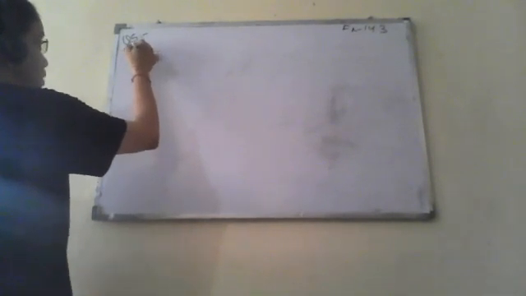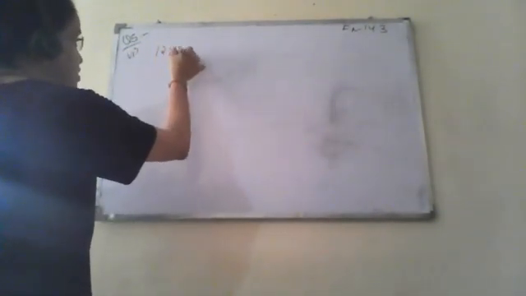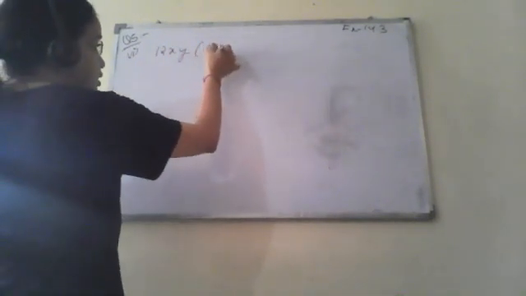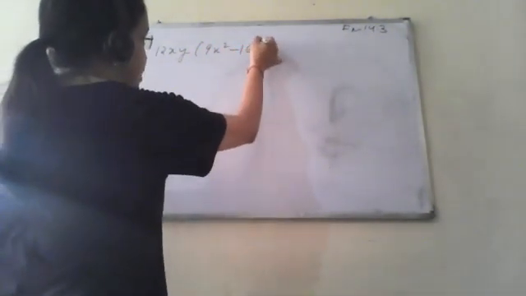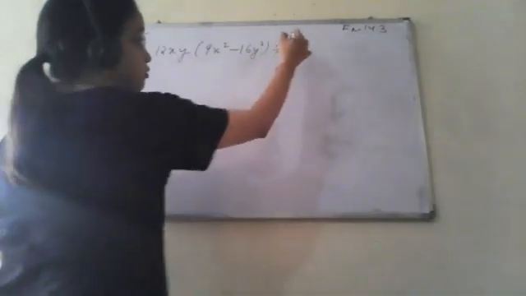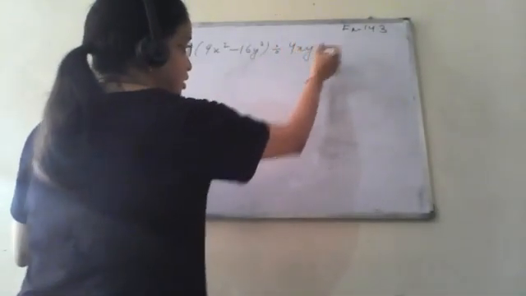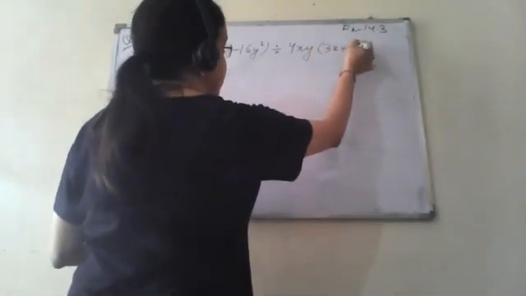Now this is the sixth part. We have 12xy and this is 9x square minus 16y square, divided by 4xy into 3x plus 4. Clear?